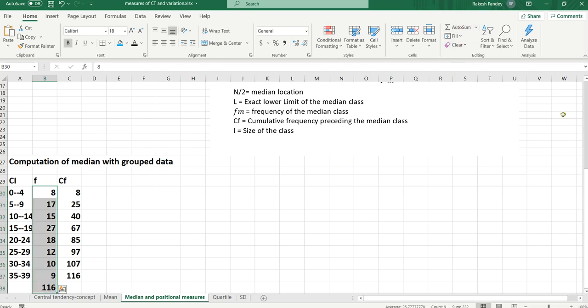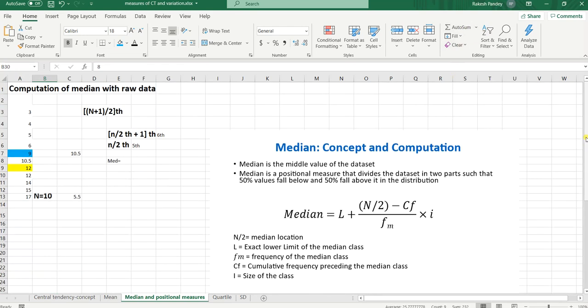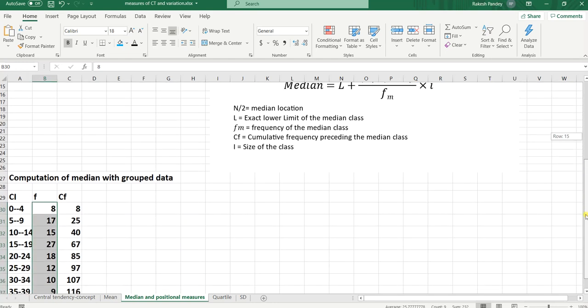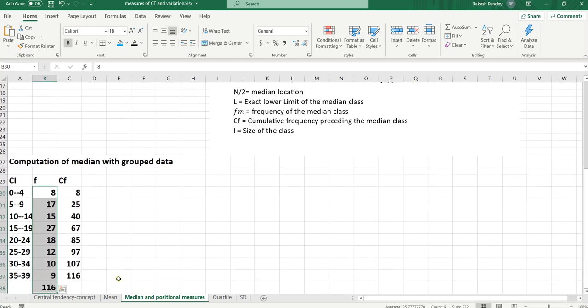So this will give the value n. So n is 116, and the last CF, cumulative frequency value, should be equal to the sum of the frequencies. If it does not come out equal, then we have made some error while computing the cumulative frequency.